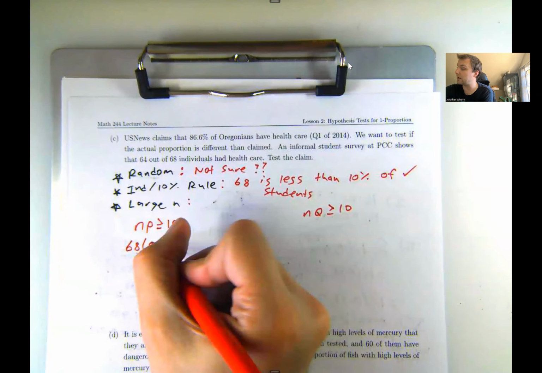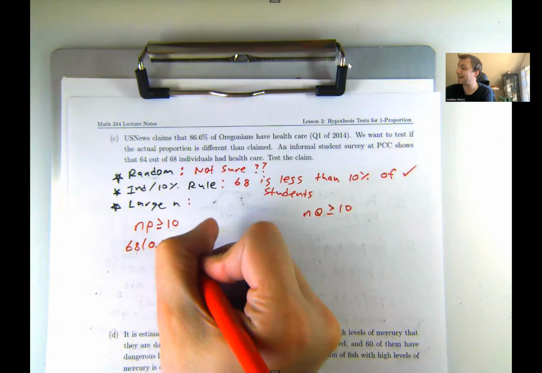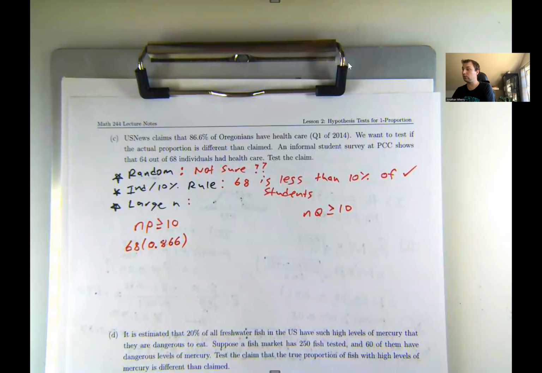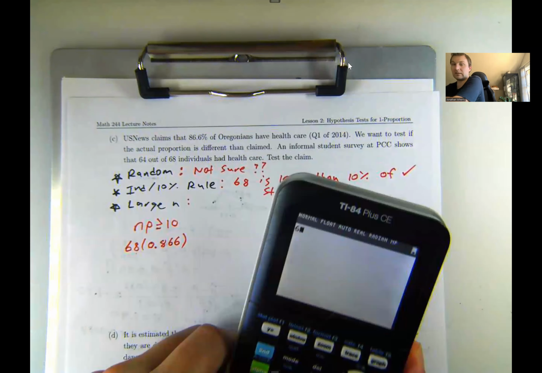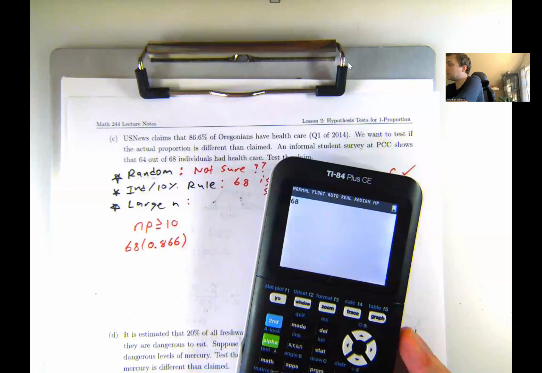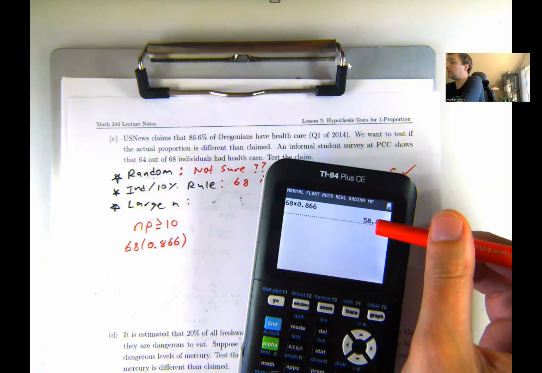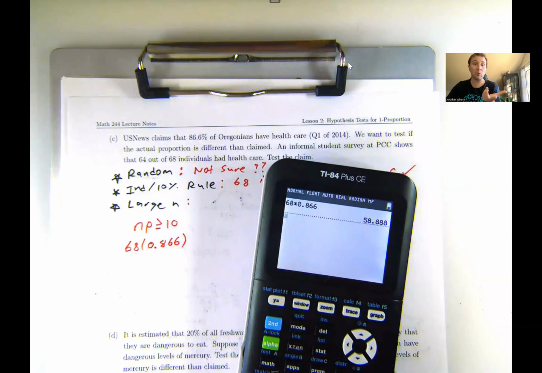And my success rate, my P, the claim is 86.6%. So when I do N, 68, times P, I get 58.888. This is looking great. So I don't know why I was so concerned. So far, everything seems to be fine.